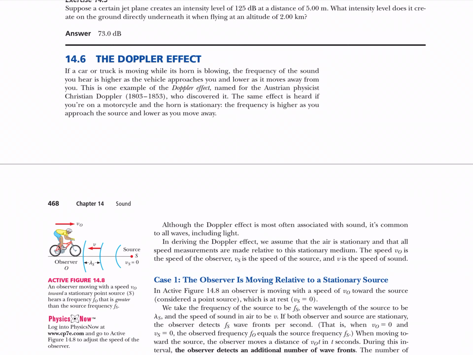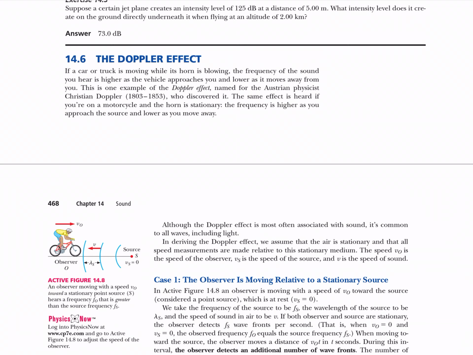Now, if you're moving towards the source of sound, the sound is coming at you 256 times a second, but as you move towards the source, you're going to be receiving those sound waves more frequently because you're moving towards it. And because you receive those sound waves more frequently, you will hear those sounds at a higher frequency.